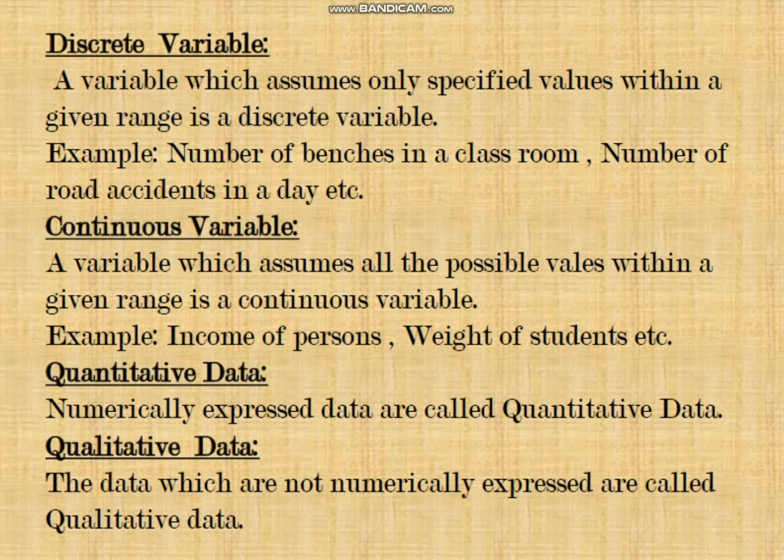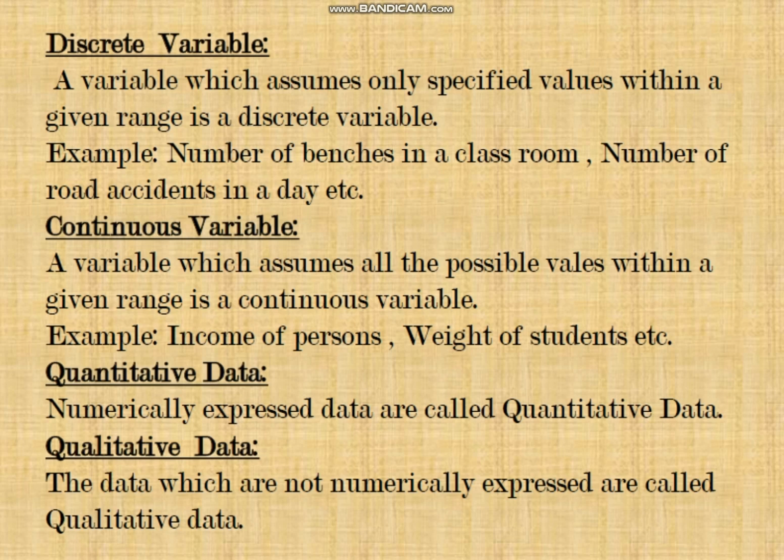In a week of 7 days, Monday there may be fewer accidents, Tuesday more accidents, Wednesday even more, Thursday there may be no accidents, Friday there will be 1 or 2 accidents. So the number of accidents is a variable here, it changes, but it changes in whole numbers 1, 2, 3, 4, not in fractional measurements. So this is your discrete variable.